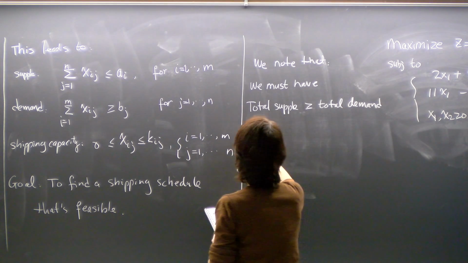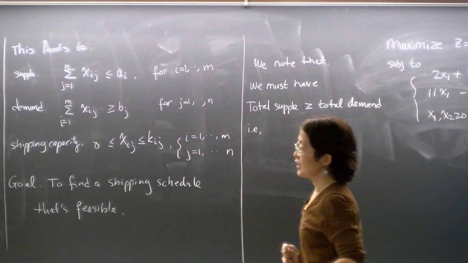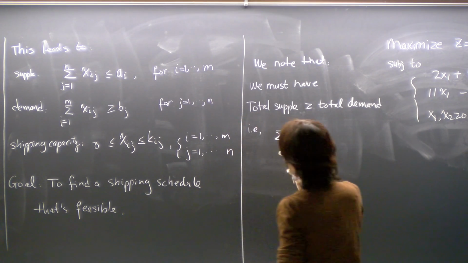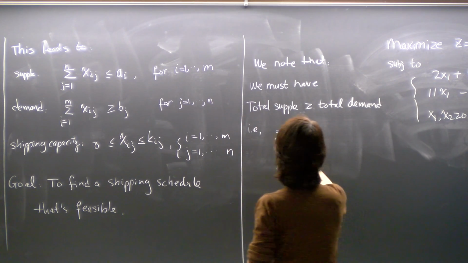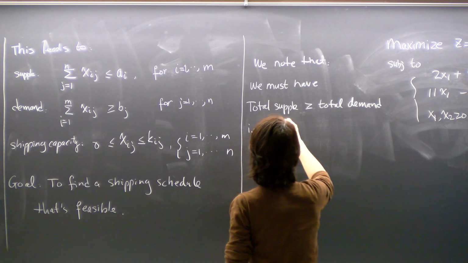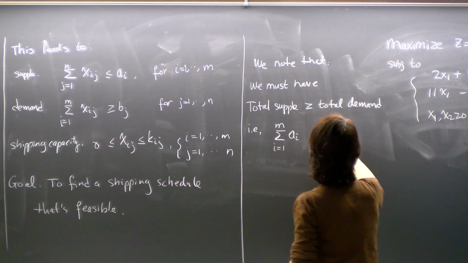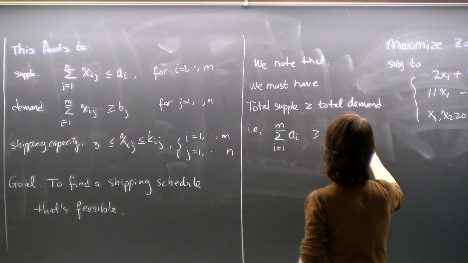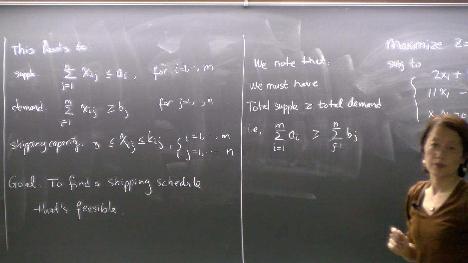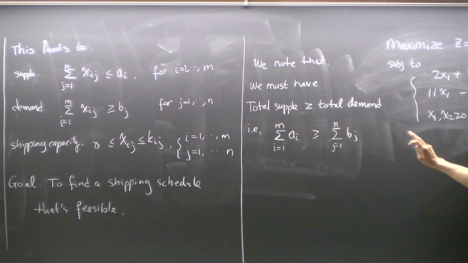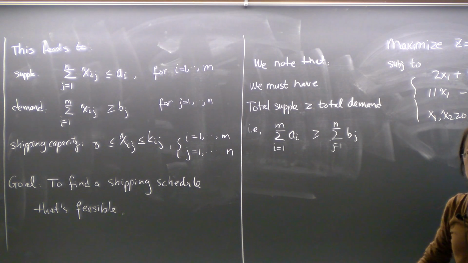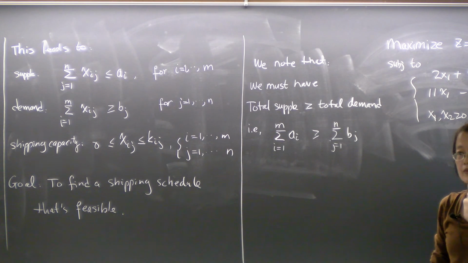Okay, so writing it out with the notations we have: total supply will be adding up all the a_i's over i, and that shall be bigger than adding up all the b_j's over all the j's. Okay. If that doesn't hold, then it's not feasible. Then you don't need to solve it. It's a wrong problem. Is that clear?